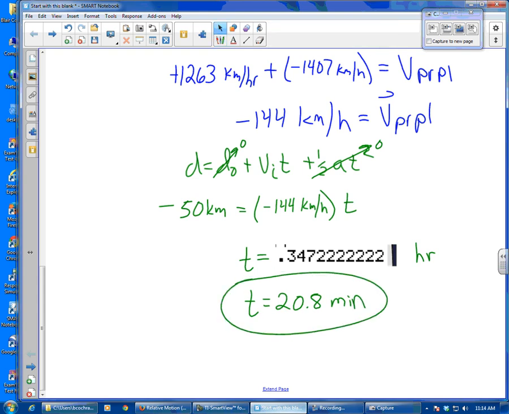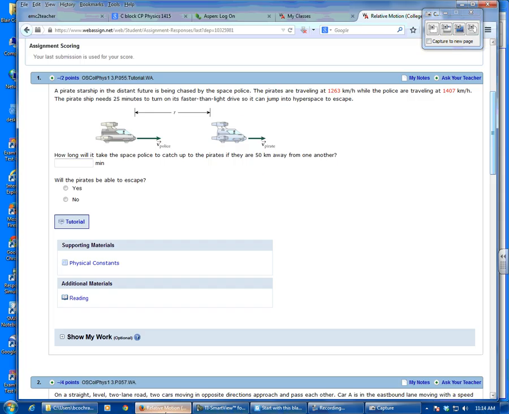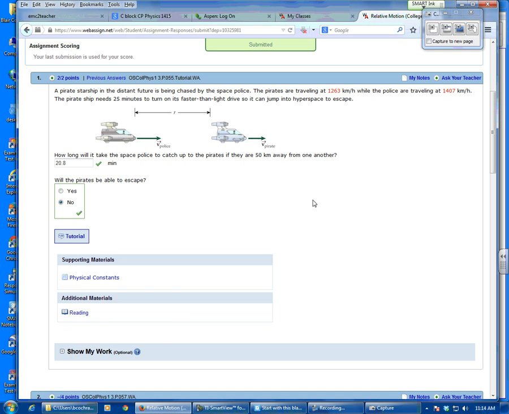Let's see if that's right. And if that is right, will the pirates be able to escape? No. Let's see. Yay!